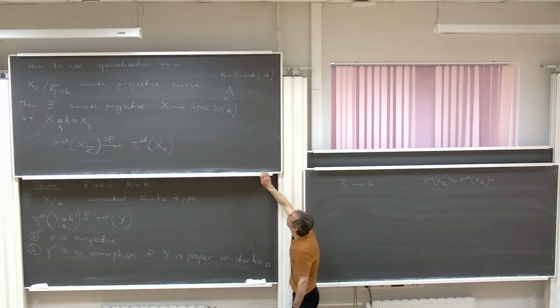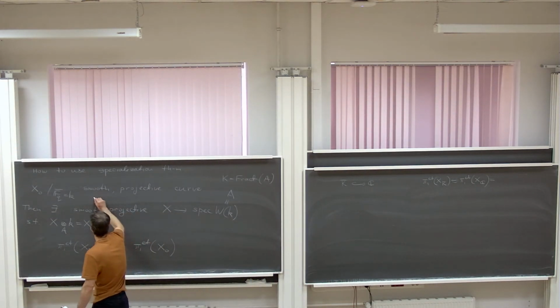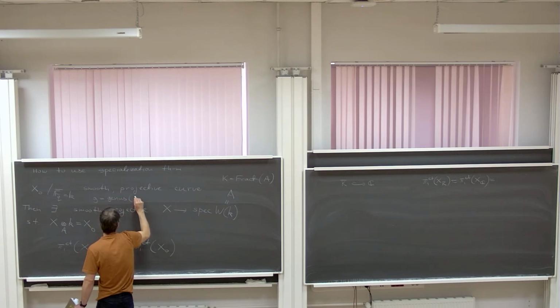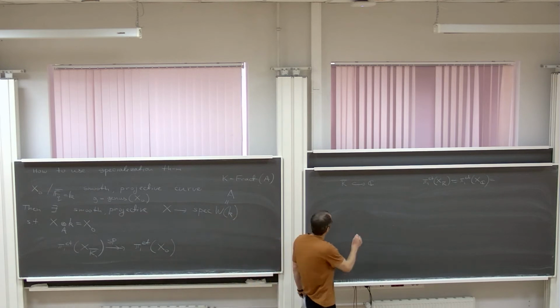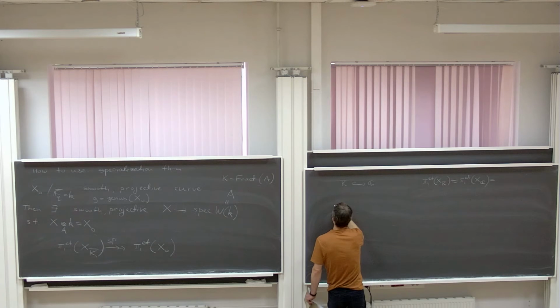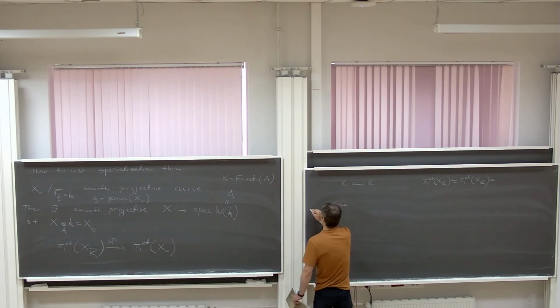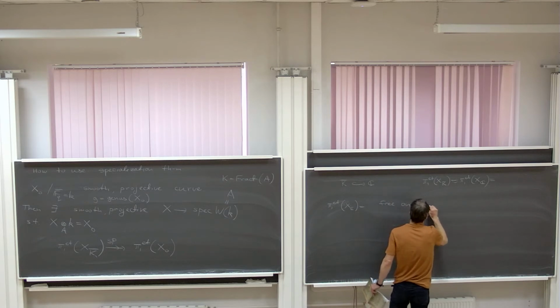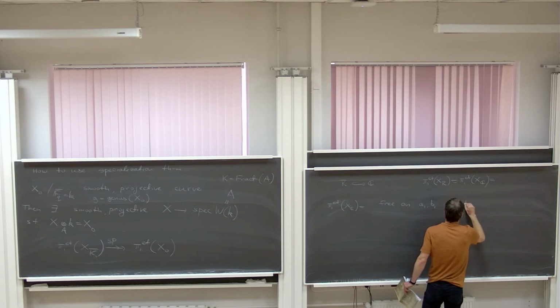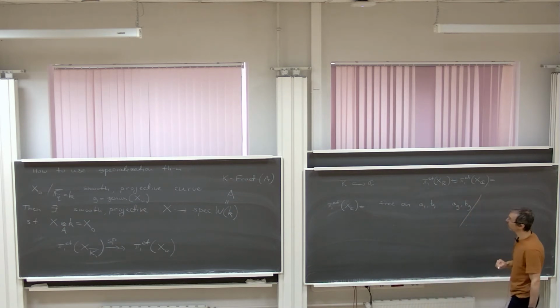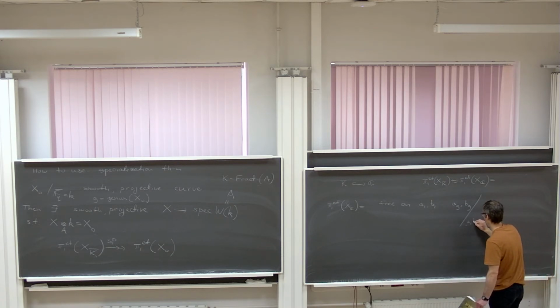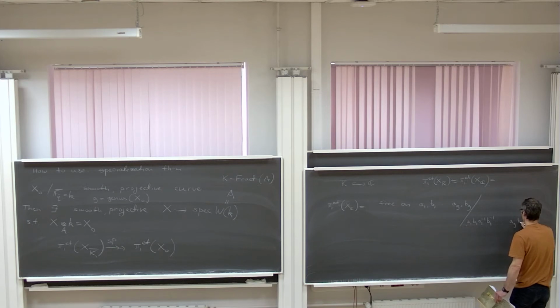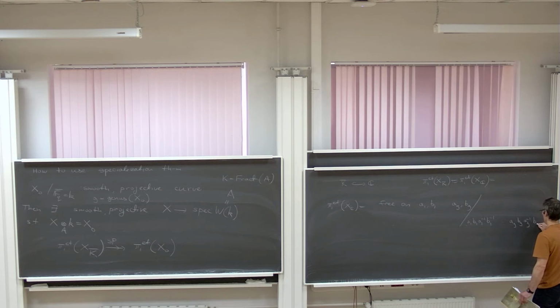So if g is the genus of X0, then pi1 étale of X_C is the profinite completion of the free group on generators a1, b1, ..., ag, bg, modulo a single relation that a1 b1 a1 inverse b1 inverse, ..., ag bg ag inverse bg inverse is 1.